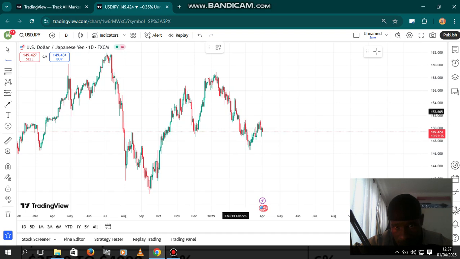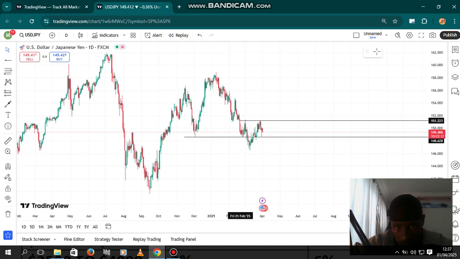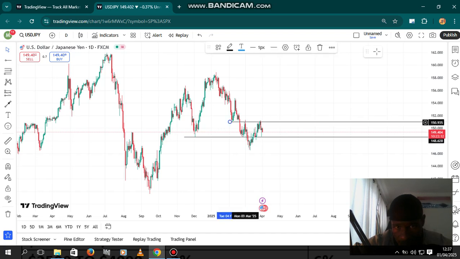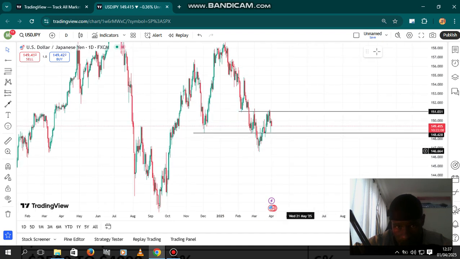Lower lows, lower highs, and it came here and it broke and got back inside, and then to here, and then did that retest. This level is a very important level, as you see. It was respected a lot of times.